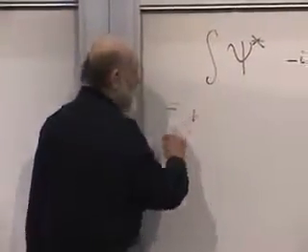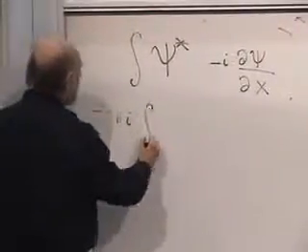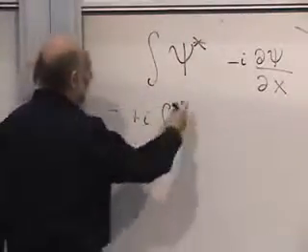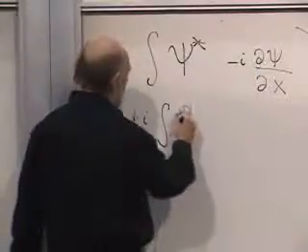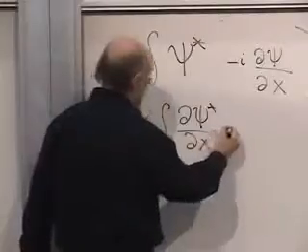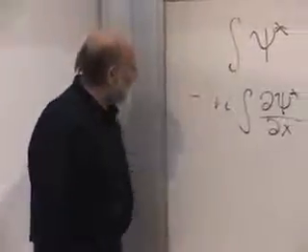This must be equal to, we have to change the sign, plus i, times the integral. And now I interchange which of the things gets the derivative. It becomes d psi star by dx times psi.